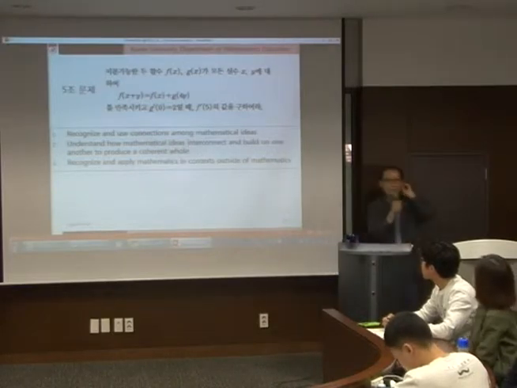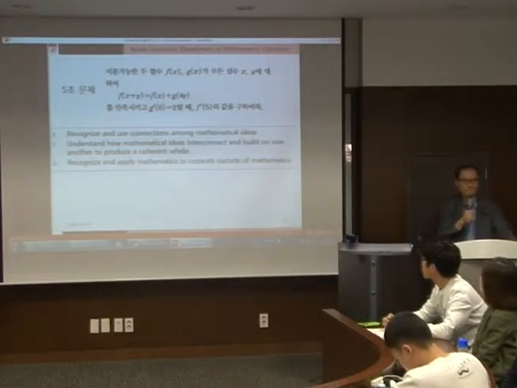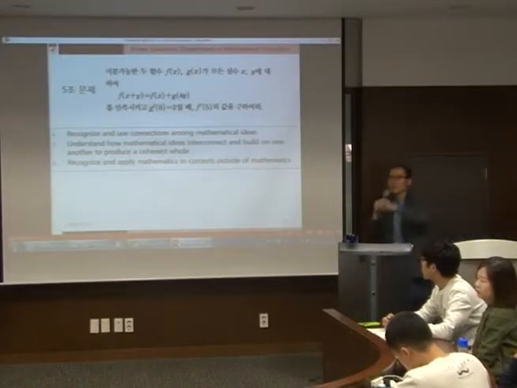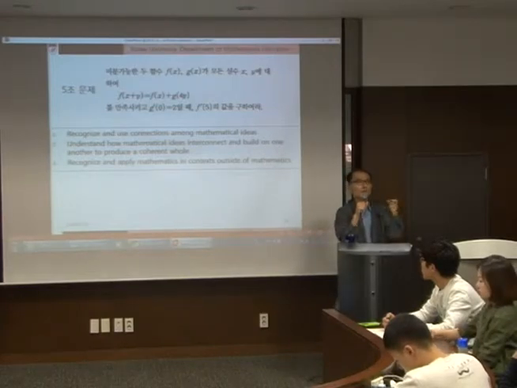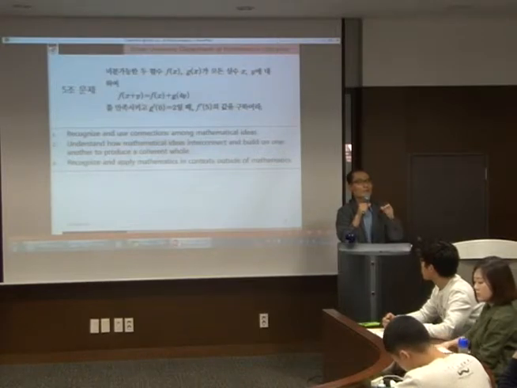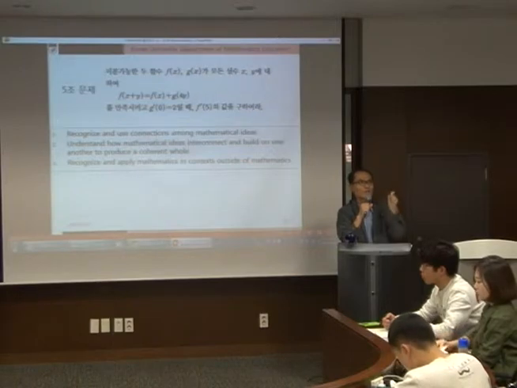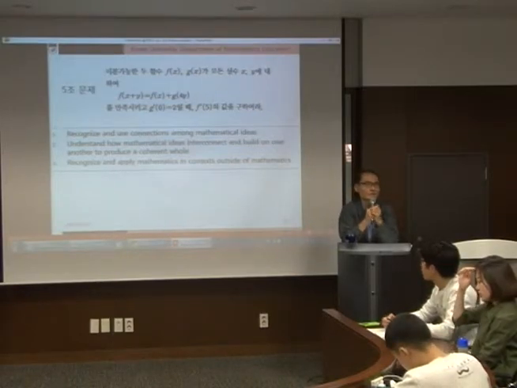Producing a coherent whole means not just implication, okay? You may think in this way, not just from implication, but exactly from the problem solving.